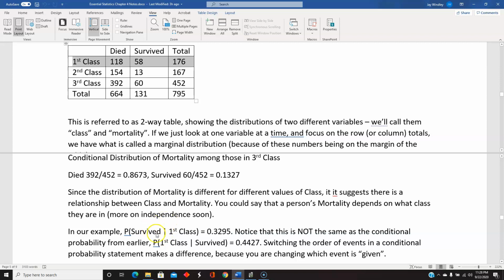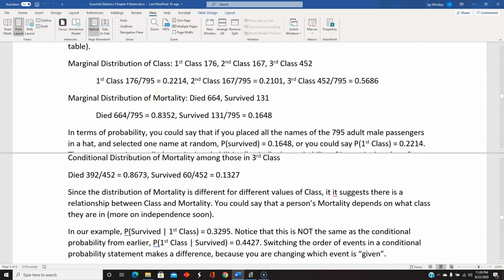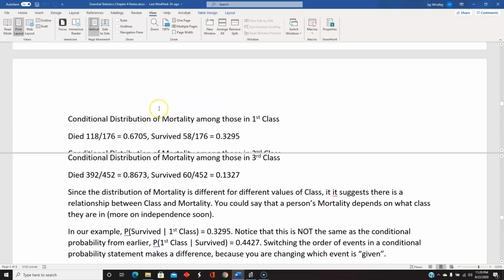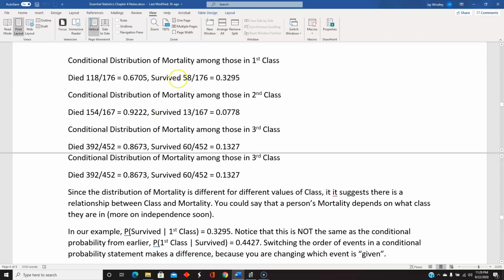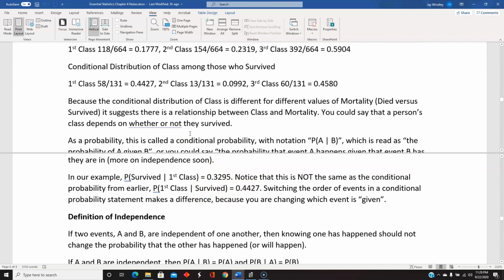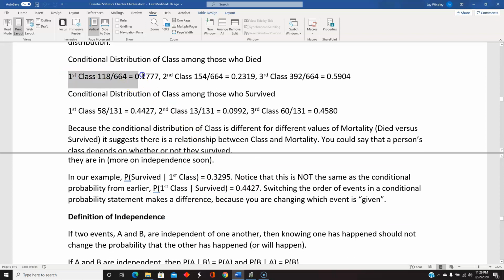So the probability that someone survived, given that they're in first class, is 33%, but the probability that someone was in first class, given that they survived, is 44%. So those two probabilities are not the same. Switching the order of the events in a conditional probability makes a difference.